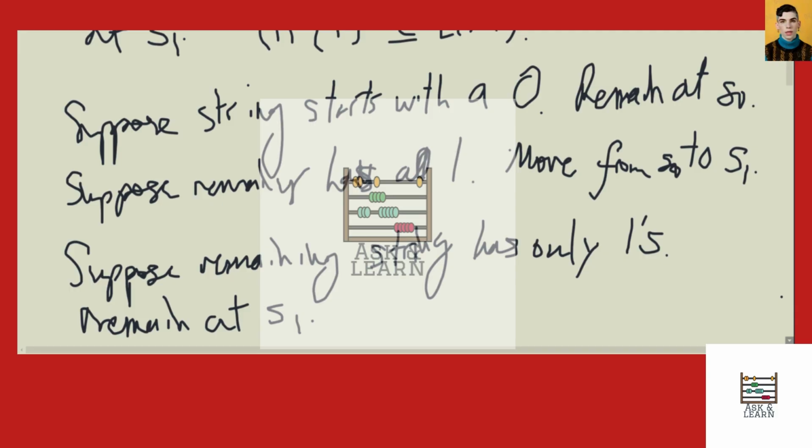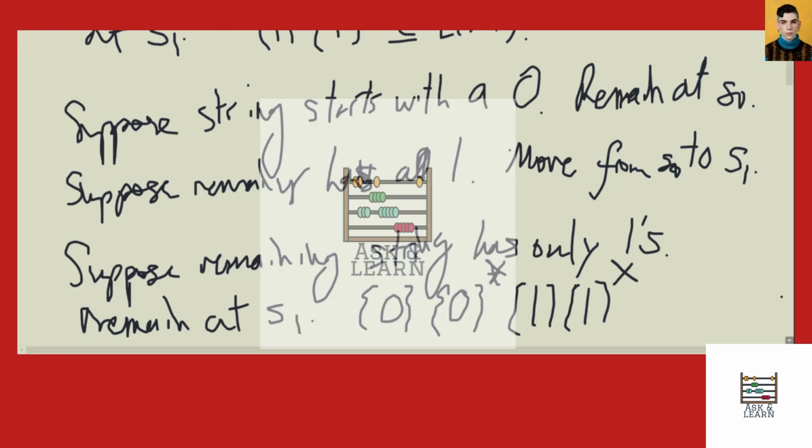So in set notation, I'll write this as the concatenation of the set containing 0, the Kleene closure of the set containing 0, the set containing 1, and the Kleene closure of the set containing 1. This is a subset of the recognized language.